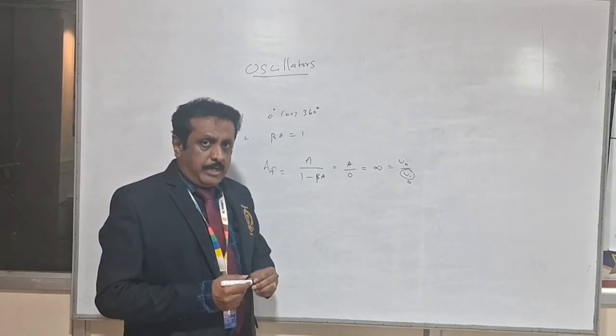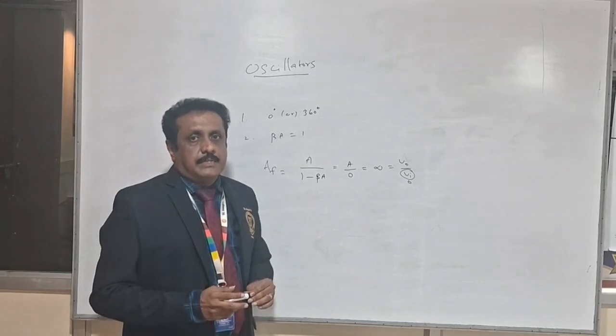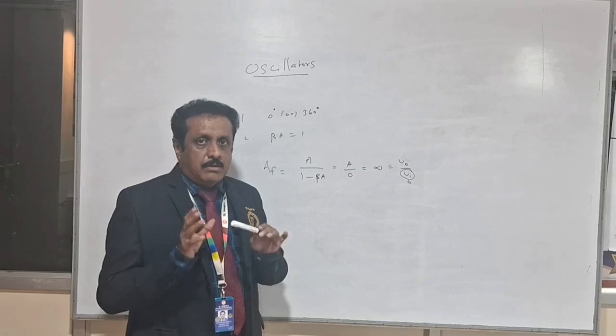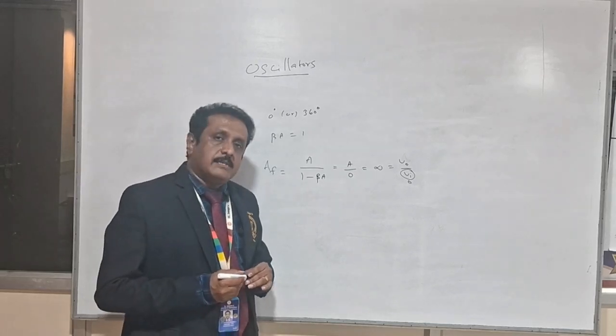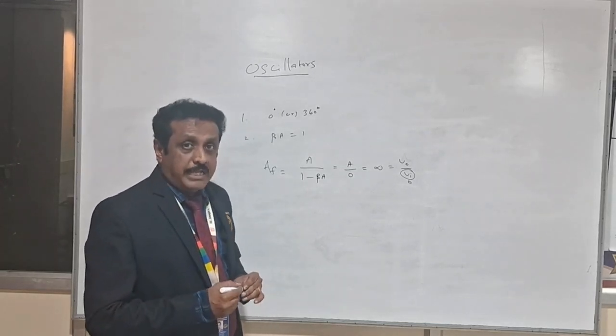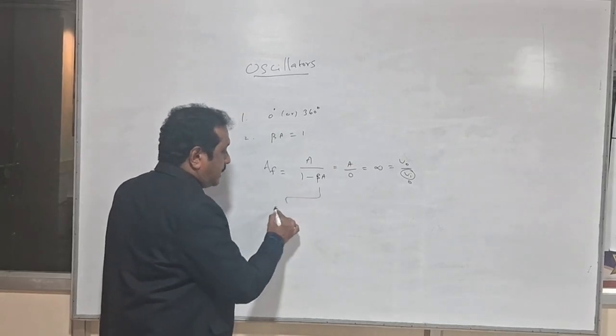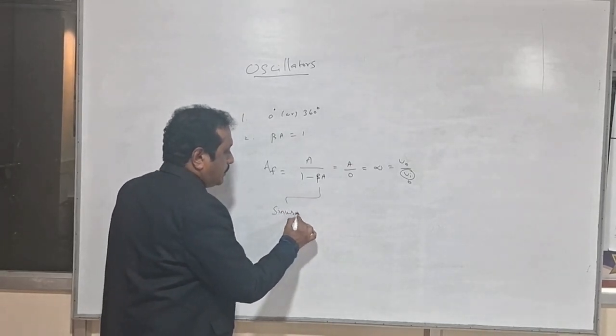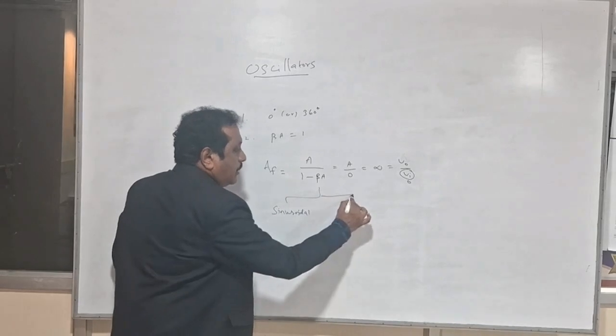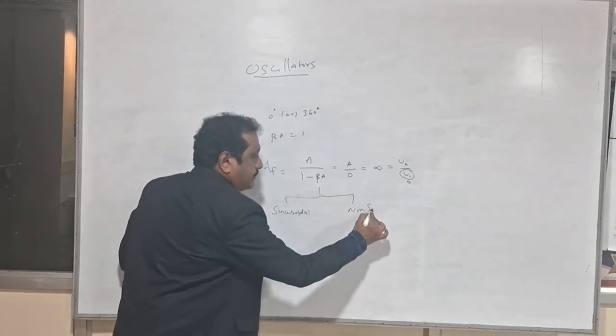Now we are going to see the types of oscillator. Generally, oscillators are broadly classified into two types. One is a sinusoidal oscillator, the other one is a non-sinusoidal oscillator.